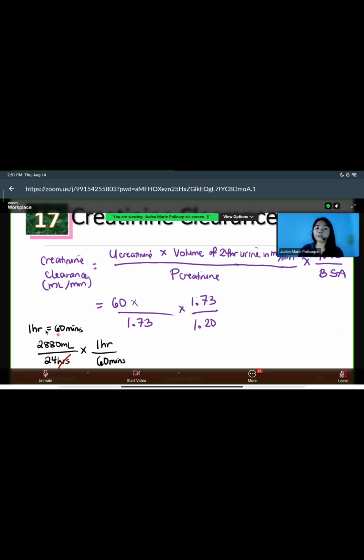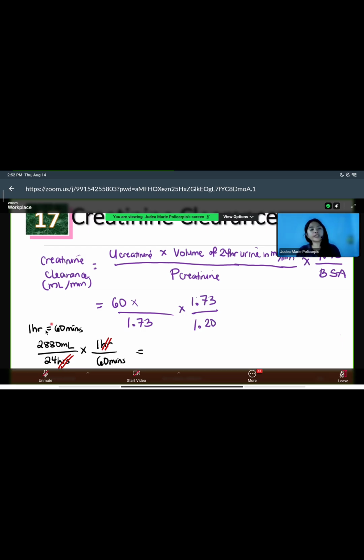And remember, pag may gusto kang tanggalin, saan mo ilalagay yung kamukha niya? Sa opposite side. Since nasa denominator itong hour na gusto nating tanggalin, yung kamukha niya, lalagay mo sa numerator para ma-cancel. Pag merong R sa taas, may R sa ibaba, they would get canceled out. Ano na lang ang maiiwan? ml per minute.